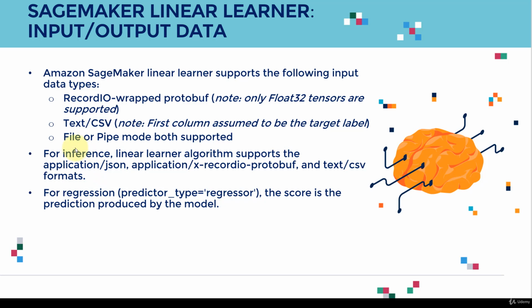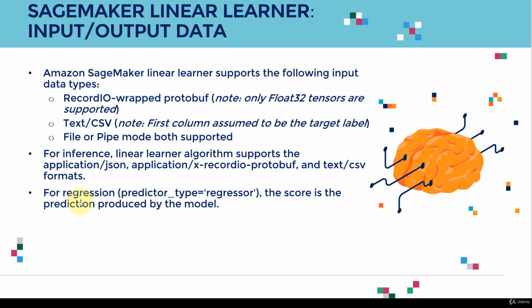You also have file or pipe mode support, so both are supported in Linear Learner. And for inference, the Linear Learner algorithm supports JSON format. So when you have your model and you run predictions, when you make inferences based on the model, the output will be in JSON format.